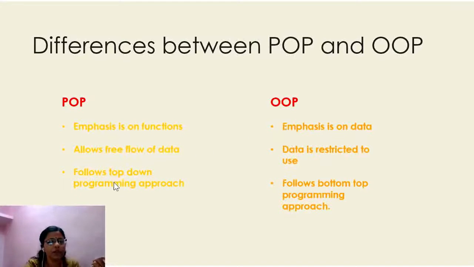Procedure-oriented programming follows a top-down approach, meaning the full program was divided into modules, and then the result came up. But object-oriented programming follows a bottom-up approach, meaning from the objects and functions we get results, and all these results built together become your program.